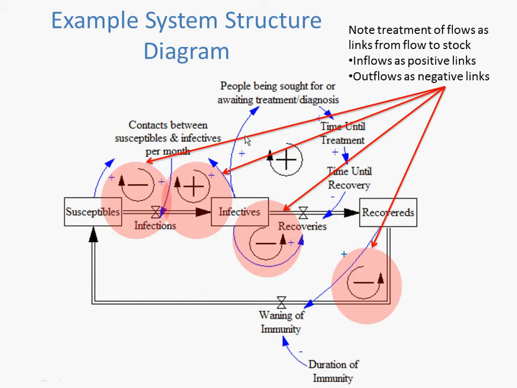So if we had infections on the one hand, and we wanted to have a link to susceptibles, ultimately there's a pathway around the other way, but we wanted to put in the link in a causal loop diagram between infections and susceptibles. If I ask you to redraw this as a pure causal loop diagram, with what polarity would that be associated?